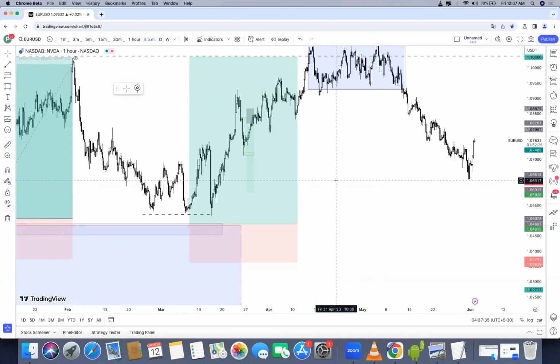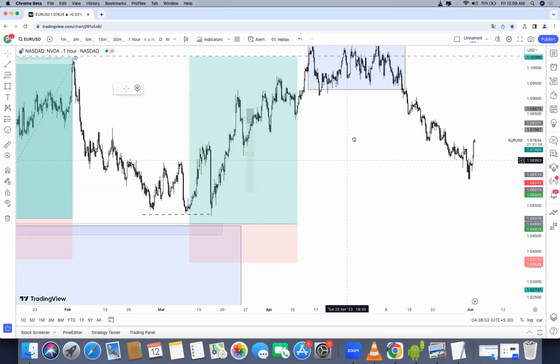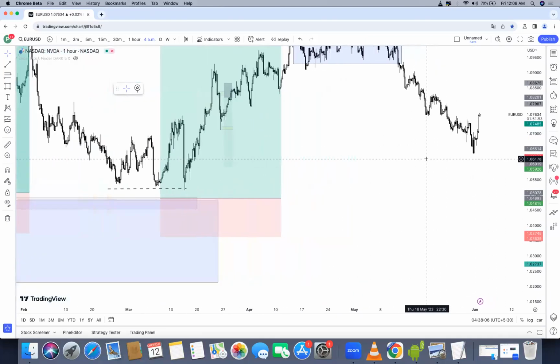Once you can do that, you have to do it at least once or twice a day, so that you'll be used to this and you'll be able to identify supply zones and everything we've treated here. Once you can do that perfectly, we're going to go into entries and risk to reward ratio. And once you do that, you'll be able to take entries on your own, and before you know it, you are through the big course eventually. So let's move on.